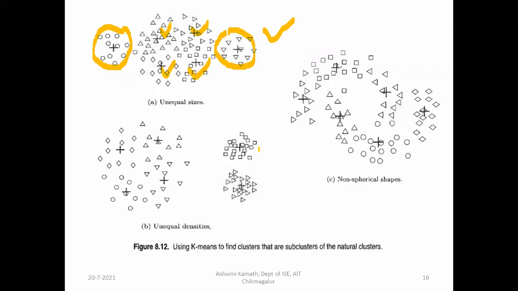In this also, these two are retained as they are. Even though it is dense, it is not merged. The larger cluster is divided into 4 clusters. In this also, instead of merging the points from one cluster into another cluster, it has divided naturally, right?